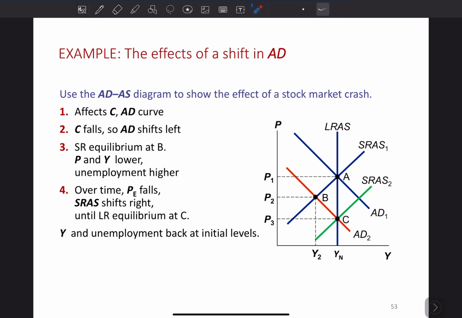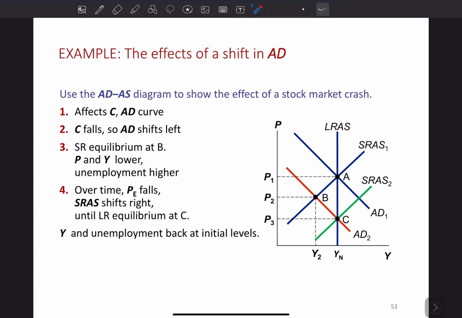It will adjust the prices downward until the short-run aggregate supply curve shifts to the right, bringing the economy back to its long-run equilibrium, with output and unemployment returning to their initial natural levels, but the level of prices will fall permanently.